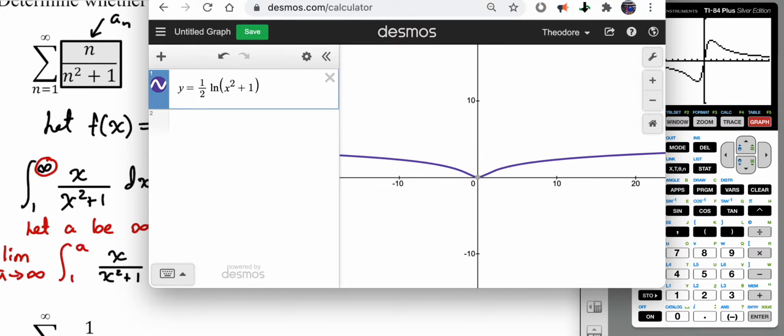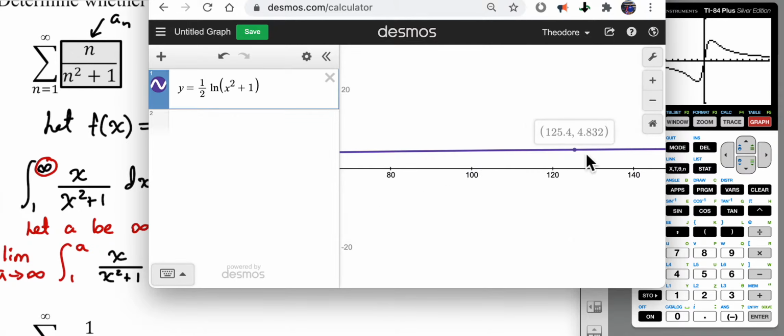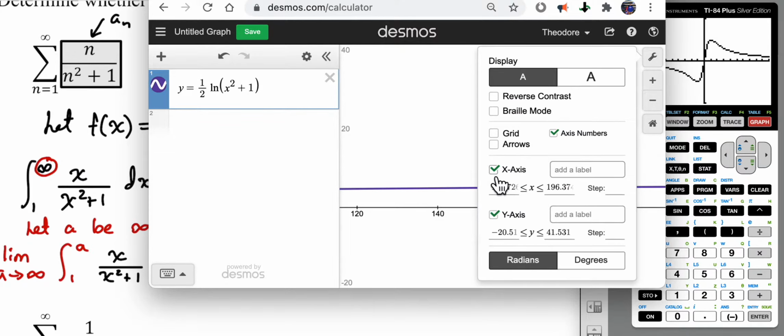All right, so as we go out to infinity, it does appear as though this is increasing. It doesn't seem to be leveling off. If you're unsure, you can always expand by hitting that little wrench, you can expand this to whatever you want. It's never going to, I mean, I don't want to say it's never going to get too large.